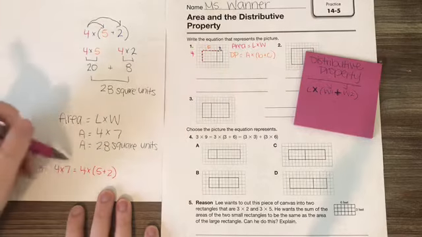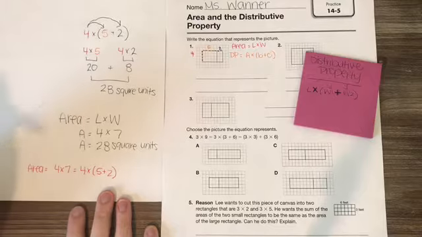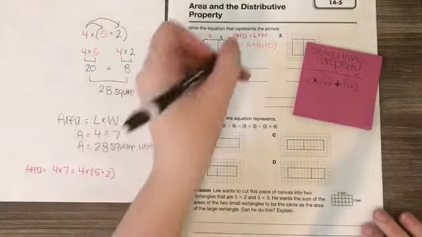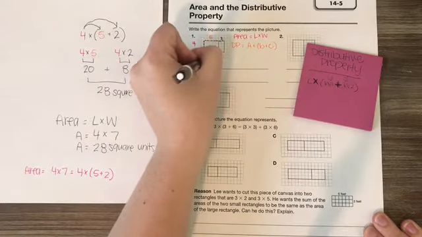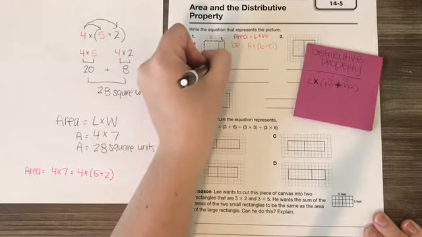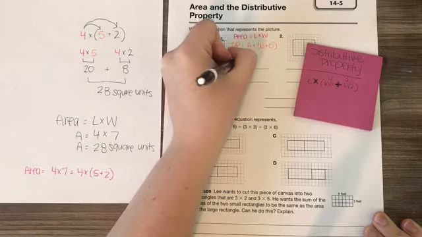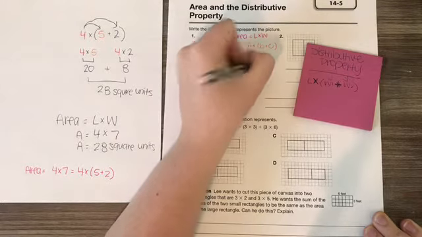So that our area formula is equal to the distributive property. All right, and so that's what I'm just going to write in my answer box or answer line right here. So we have 4 times 7 equals 4 times parentheses 5 plus 2.